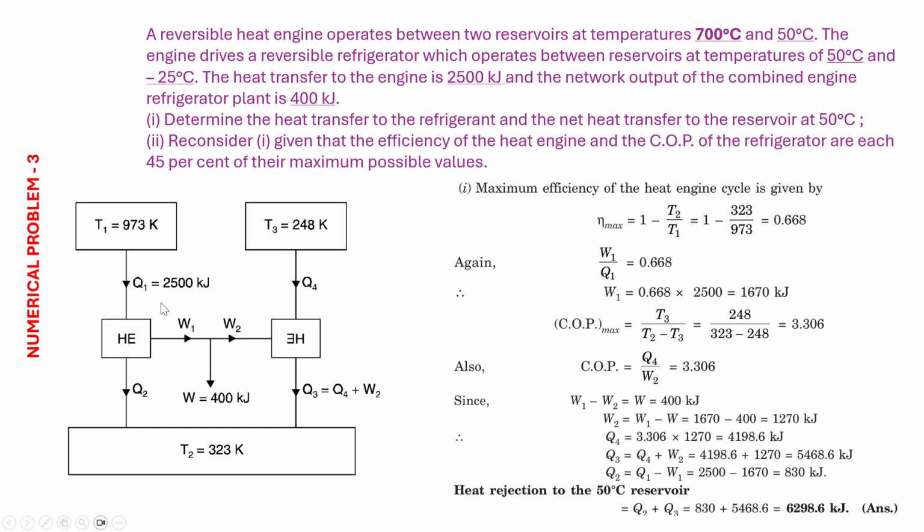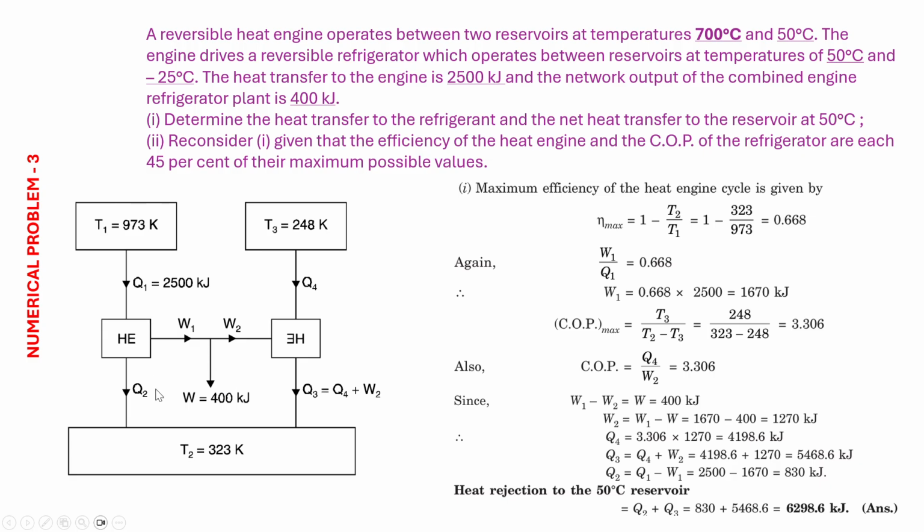Here in this case, we need to understand the graphical illustration of this combined thermal system, where the output of the heat engine, that is the work done by the heat engine, is used to drive or supply power input to the refrigerator system, while the given data are presented accordingly: T1, T2, and T3, right? Heat supplied is 2500 kilojoule with reference to the problem statement. Then the overall work done is also mentioned. We simply present it wherever we are in need of, right?